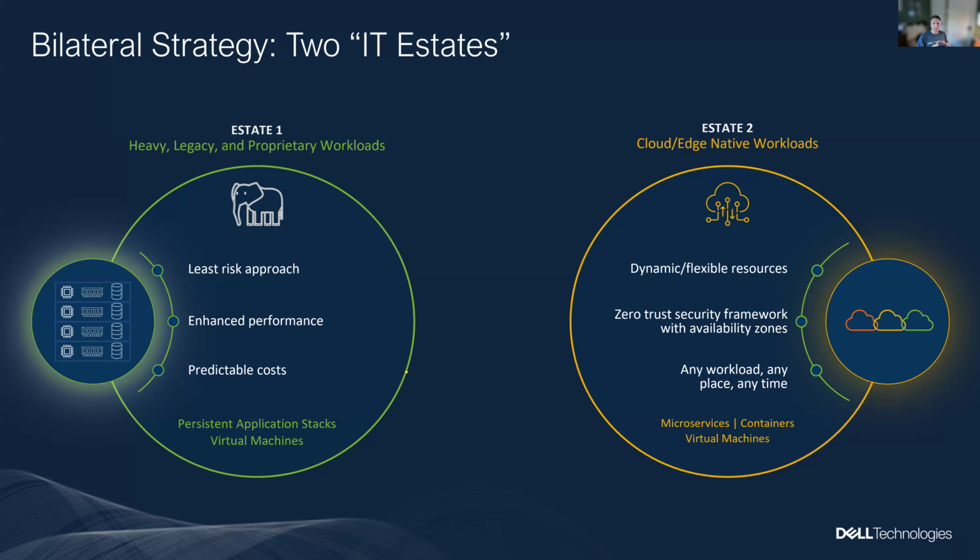Now, when we look to estate number two, and we start looking at placing workloads in a hyperscaler, or I've mentioned hyperscaler a couple of times, estate number two doesn't have to necessarily be a hyperscaler. If we want to introduce cloud native workloads, even on-prem, we essentially move into estate number two, right?